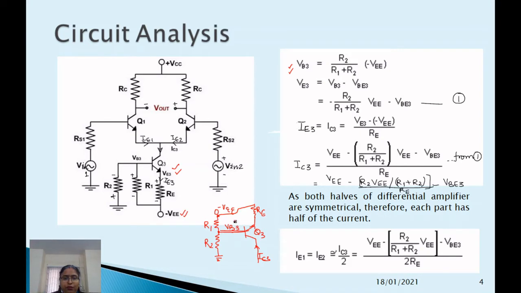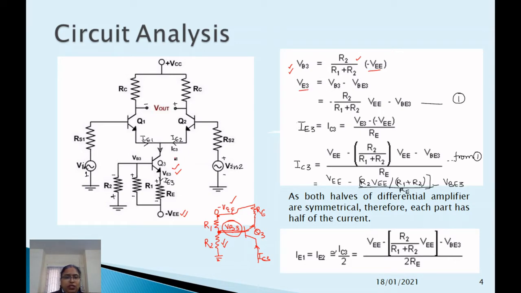When we talk about this voltage VB3, it is given by the voltage across R2, so it is written as R2 upon R1 plus R2 into minus VEE.